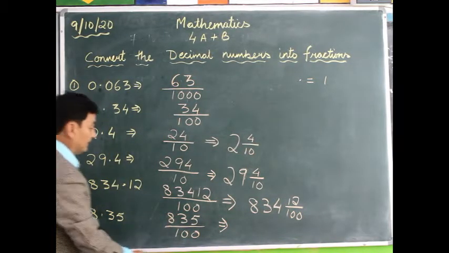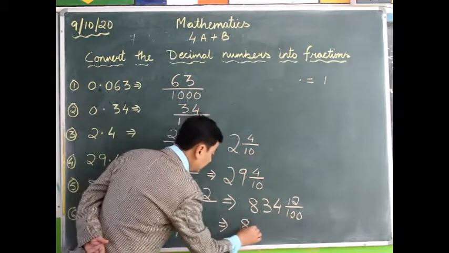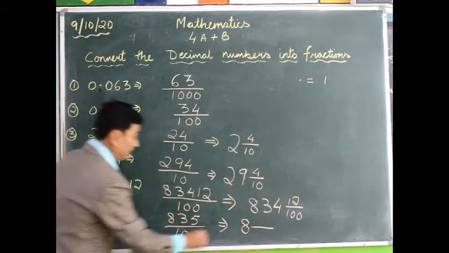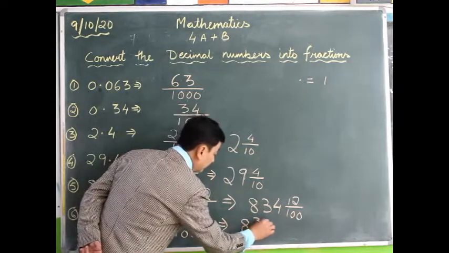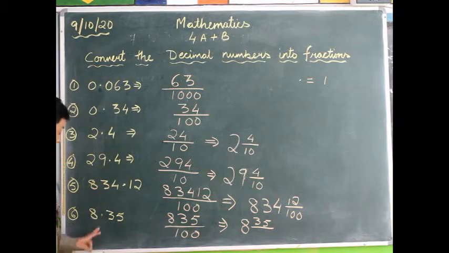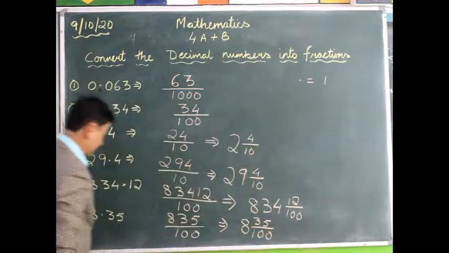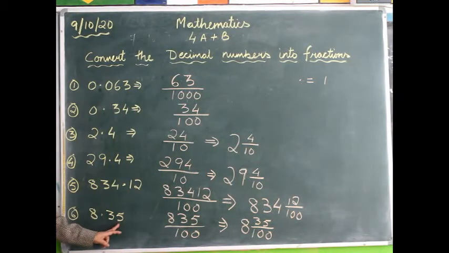So before the point we have 8. We write, what number is there after the decimal point? 35. And 100. Number 5 ends in the hundredths column, so we can say 35 hundredths.